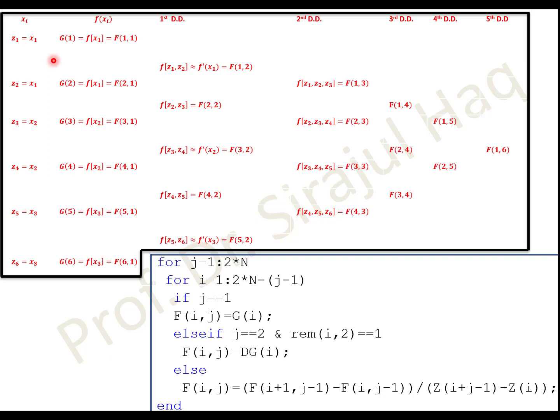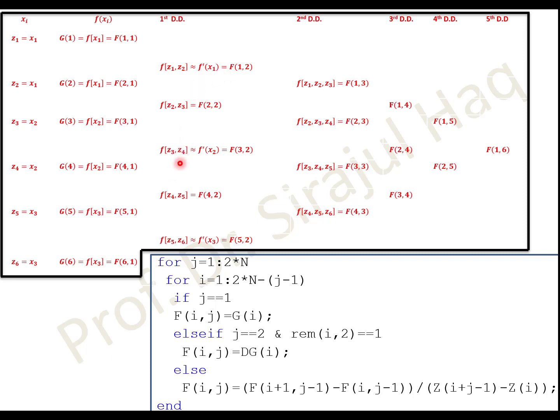And that's the reason Hermite interpolation technique replaced this value by the derivative of the function at x is equal to x1. Why? I discussed this in the lecture of the Hermite interpolation. Okay, why this idea has been used.